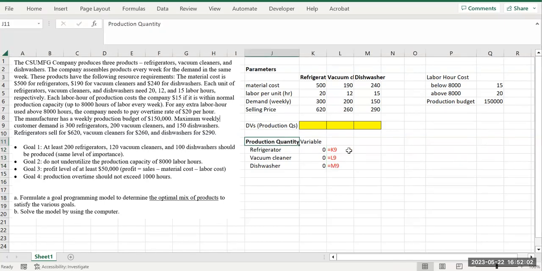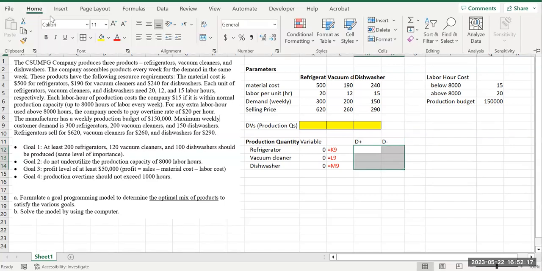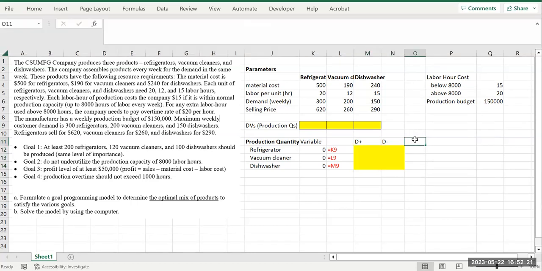That's the title of the goal, or what we're trying to optimize here. Then we can do the positive and negative deviational variables, considered for each one of the production quantities. And then we have the LHS, equal sign, and the RHS, which would be the goal.